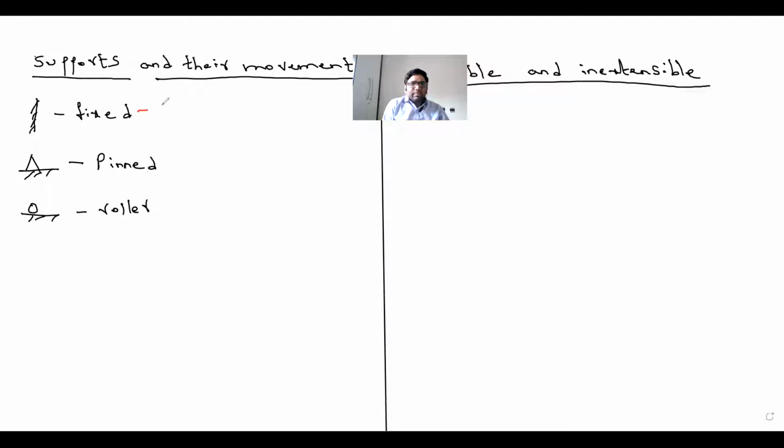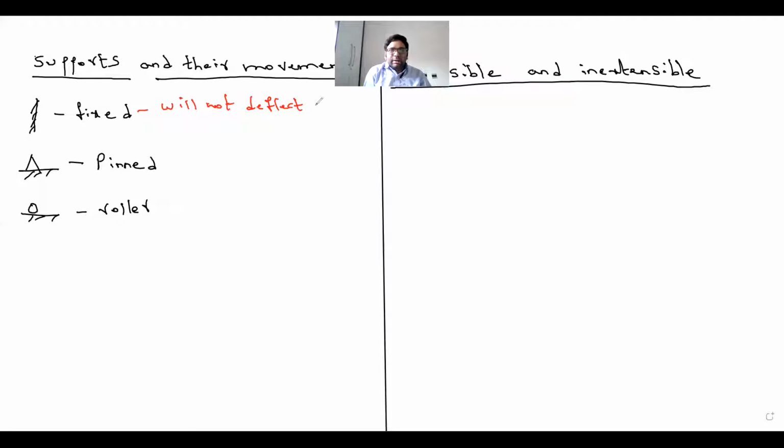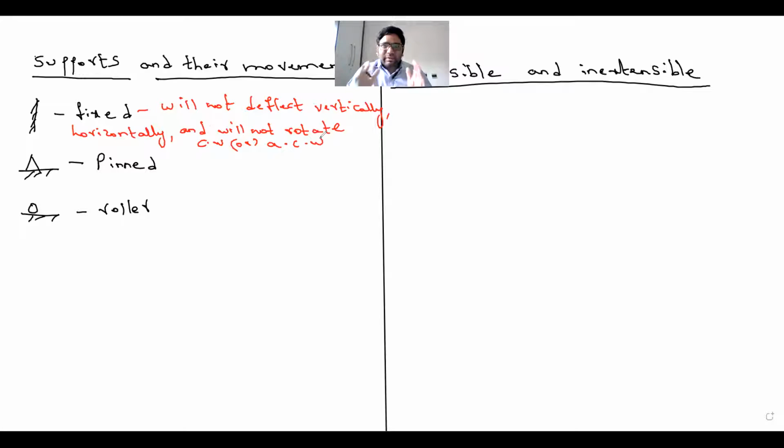So a fixed support will not deflect vertically or horizontally, and will not rotate clockwise or anti-clockwise, which means it is fixed wherever it is attached.